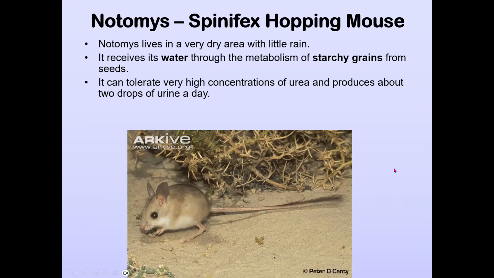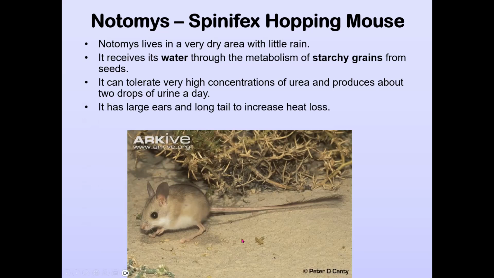So the color of your urine tells you your hydration level. And this guy will produce maybe 2 drops of urine a day. It can live very nicely with very high urea concentrations, which we can't. It would kill us if we had the level that they have.